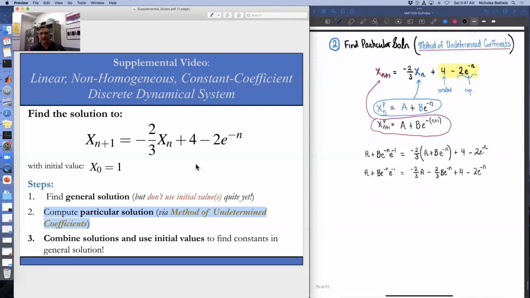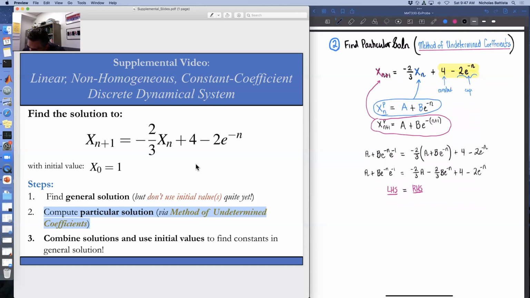And what we're going to do next is ask ourselves, what terms have exponentials attached to them on the left and right side? What terms don't have exponentials attached to them on the left and right side? As in, what terms are only constants? So this is a similar process to how we build up some systems of equations before. You might recognize it from things like partial fractions or maybe some other mathematics courses.